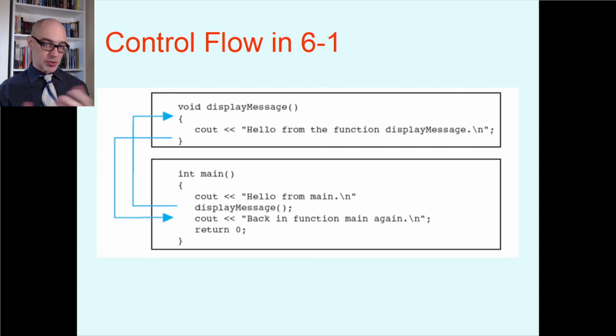This example here just has 2 functions, main and display message. But those other examples will have 3 functions or 4 functions or 5 functions. And here we have the main function calling something else. But any function can call another function. So I can have functions 1, 2, 3, 4, and function 4 calls function 2, and function 3 calls function 1. And you can call any function from anywhere that you want.